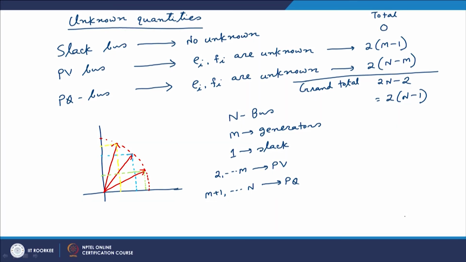For PV buses, this i varies from 2 to m, and for PQ buses this i varies from m plus 1 to n. This you all know.